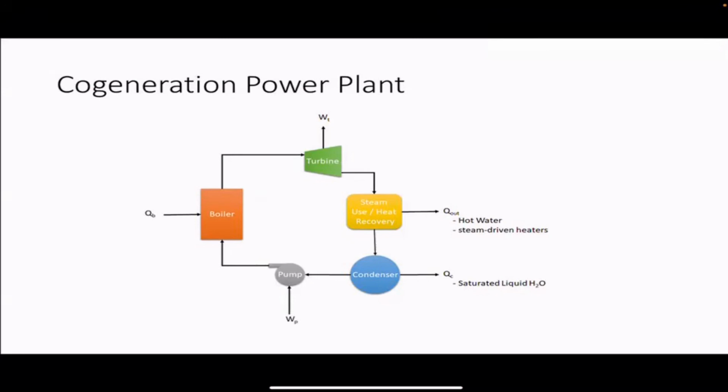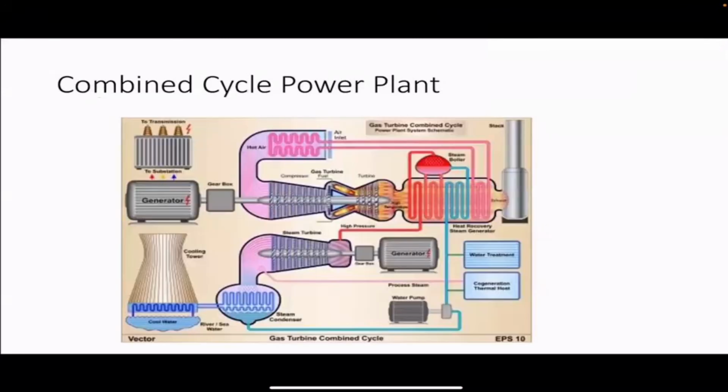The other thing that's done is to make, instead of a single cycle, something like a combined cycle power plant. And so this figure here actually has two processes that we've talked about in class. So in the top here, there's a Brayton cycle. And in the bottom here is a Rankine cycle.